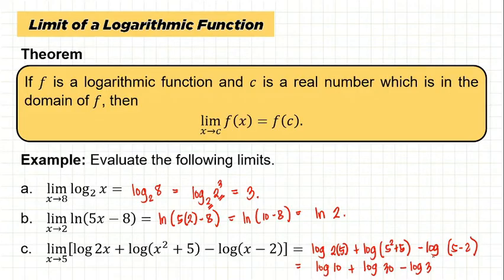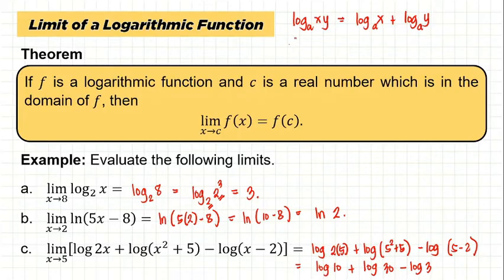Now, using the properties that we know about logarithms, log of 10 plus log of 30 can be written as log of 10 times 30 because we have this property: log of x times y with the base a is just the same as log of x with the base a plus log of y with the base a, right?